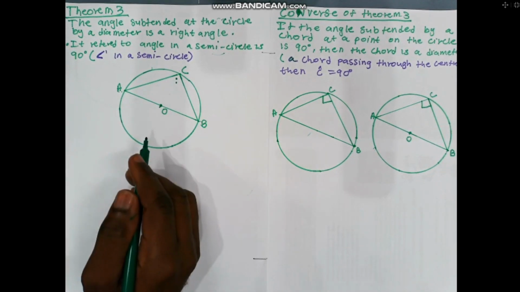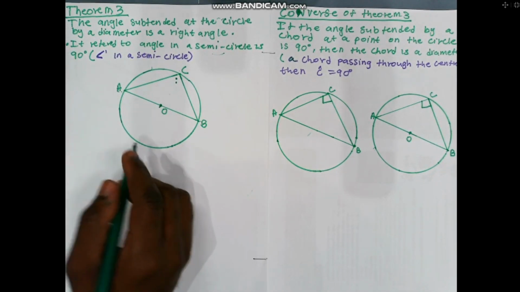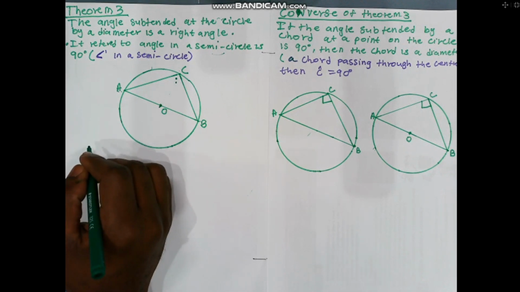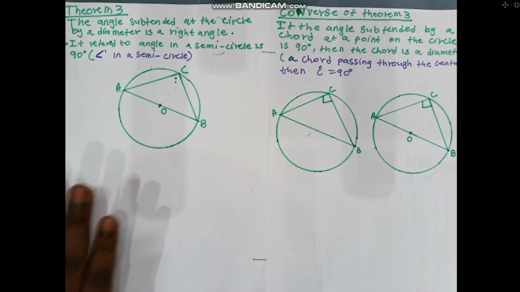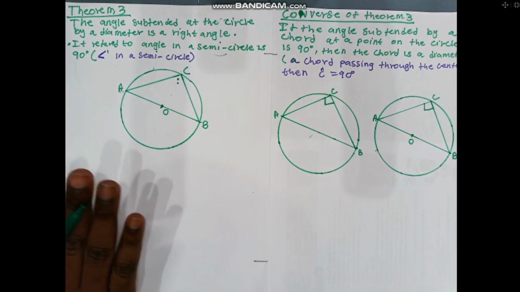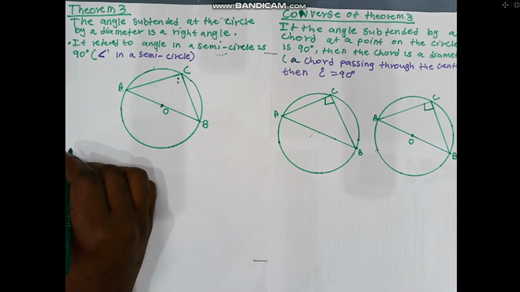So I'm just going to prove it to you, but you don't have to know the proving of this theorem. It's just the explanation part of it. So what is given here?